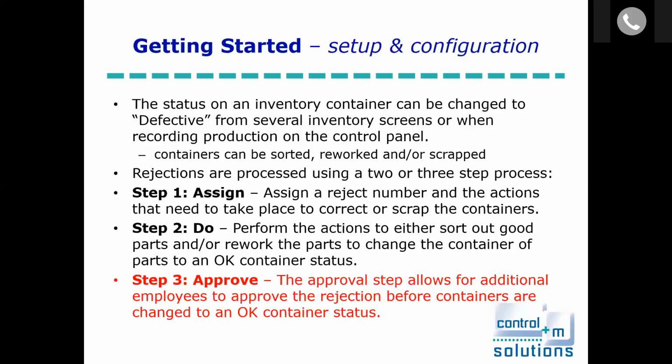So step 1, assign, simply assigns a rejection number to the container or multiple containers of that part number, and the actions that need to take place to correct or scrap the containers. And then there's a do function, step 2, where a person assigned could perform the actual functions, and either rework the parts to change the status back to an okay status or scrap or such.